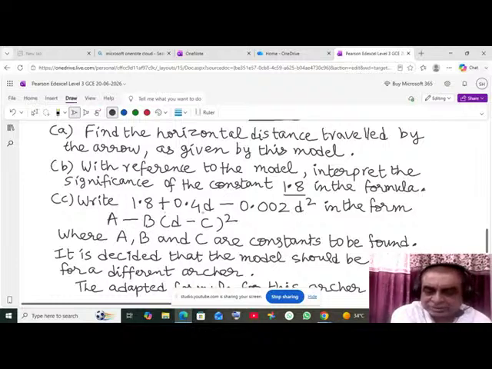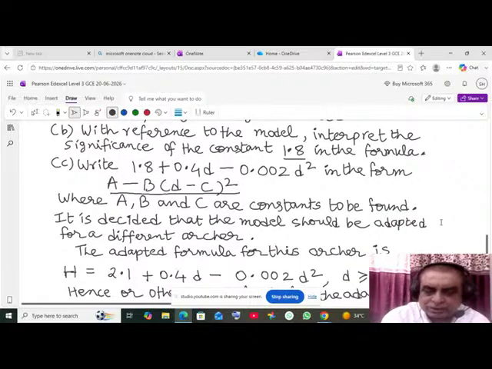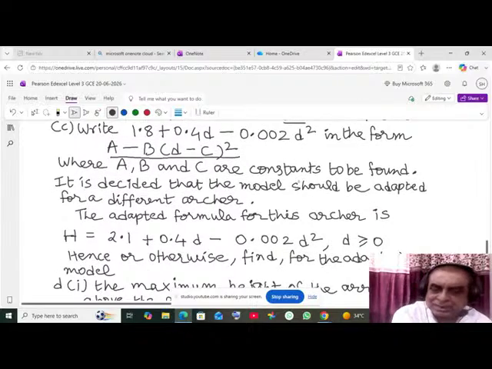You have to change this expression into the form a minus b times (d minus c) whole squared, where a, b, and c are constant numbers, and we have to find the values of a, b, and c in this formula. That is part C completed.